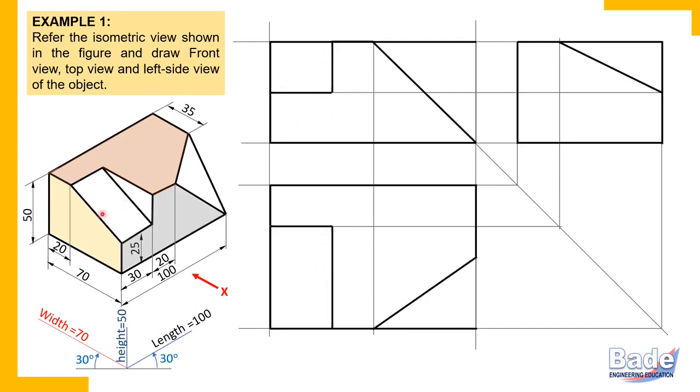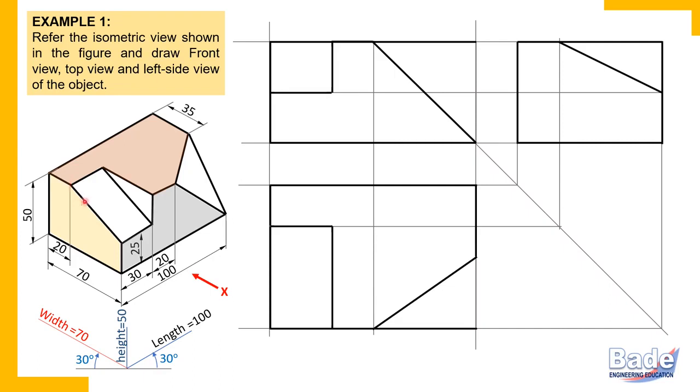So how to draw this surface in the front view? Watch here. We have already this edge. This edge is parallel to length at the top. This edge is also parallel to length, but 25 millimeters from the base. This is that edge, 25 millimeters from the base. So these two edges, because these are principal edges, we have identified here.